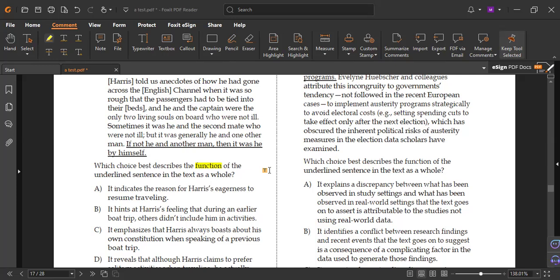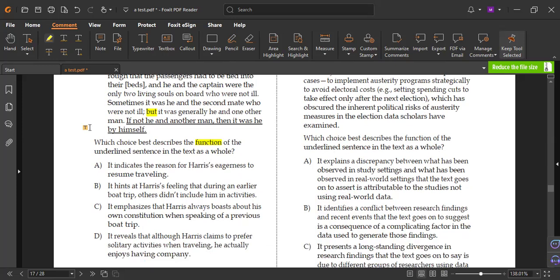The underlined part in the question, that's the claim, right? It can be the claim, but it's not. He said sometimes it was he and the second mate who were not ill, but it was generally he and one other man. And then we have a hypothesis: if not he and another man, then it was he by himself.